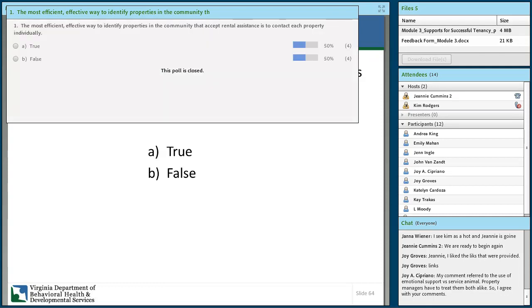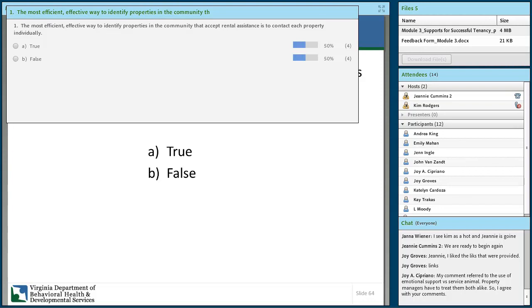All right, Kim, I think we're ready to close the poll. Looks like we got a split decision here. But the correct answer is actually B, false. So when community housing guides need to quickly identify properties in a community that accept rental assistance, it makes more sense to use a focused approach rather than a scattershot approach.